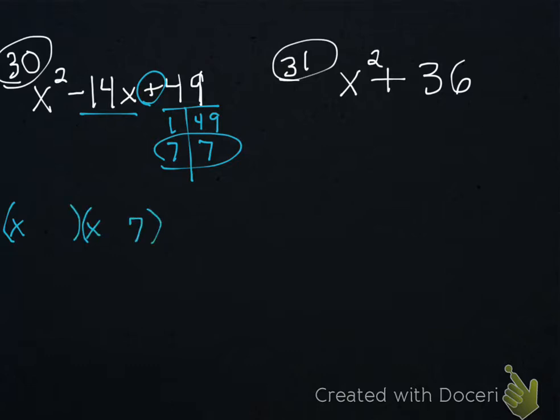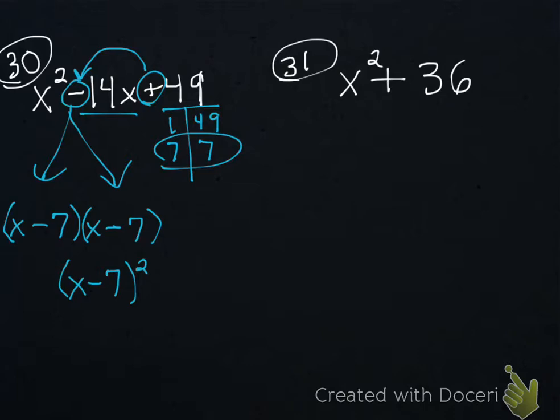X's go in front, 7's go at the end. The 49 is positive, so both binomials or factors will have the same sign as the 14, which is negative. X minus 7 times x minus 7. Because they are identical, I can write this as x minus 7 squared. That is my factored form.